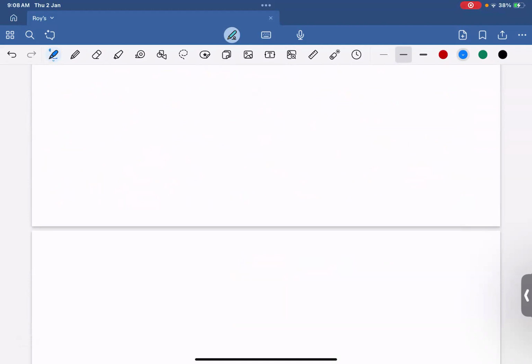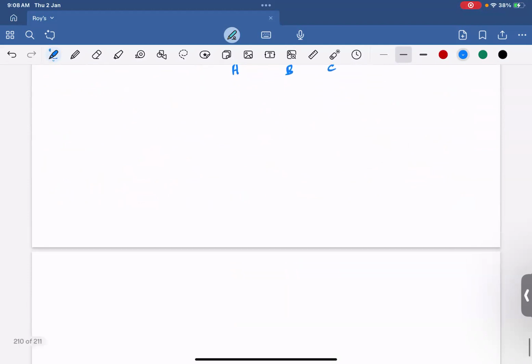We have a law here that is Pascal's law.